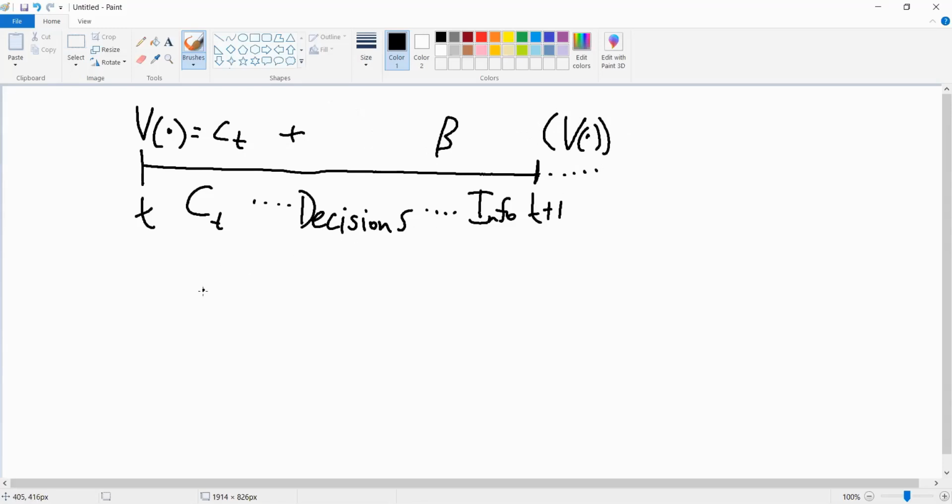But there's a perfectly valid alternative, and that is to measure the value function here.